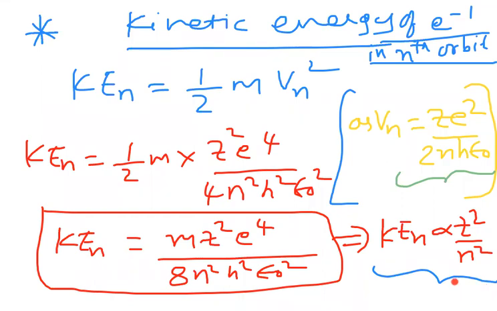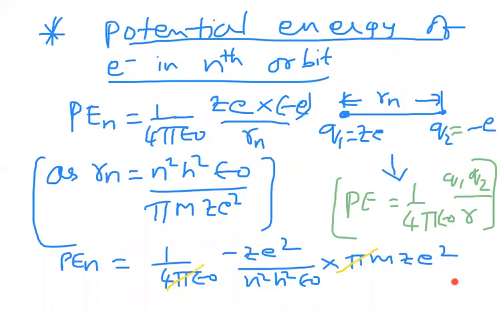Okay. Then we are going to discuss the potential energy of the electron in the nth orbit. Potential energy between two charges q1 and q2 is 1 by 4 pi epsilon, q1 q2 by r. Q1 is Ze, q2 is minus e, and the distance between them is Rn.